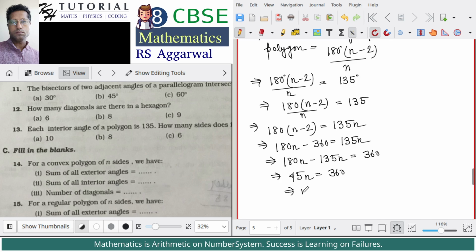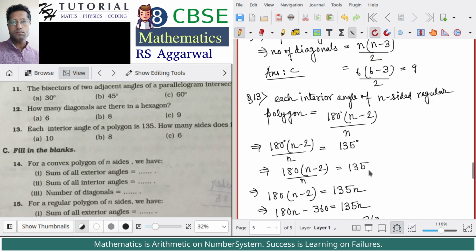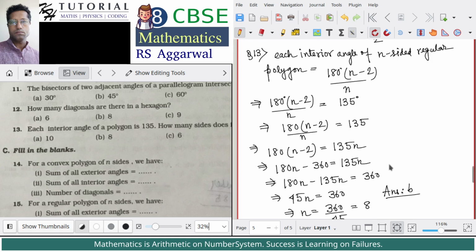So n is equal to 360 divided by 45, which is 8. So the polygon, which is a regular polygon, has 8 sides. So the correct choice is B. That is section B.